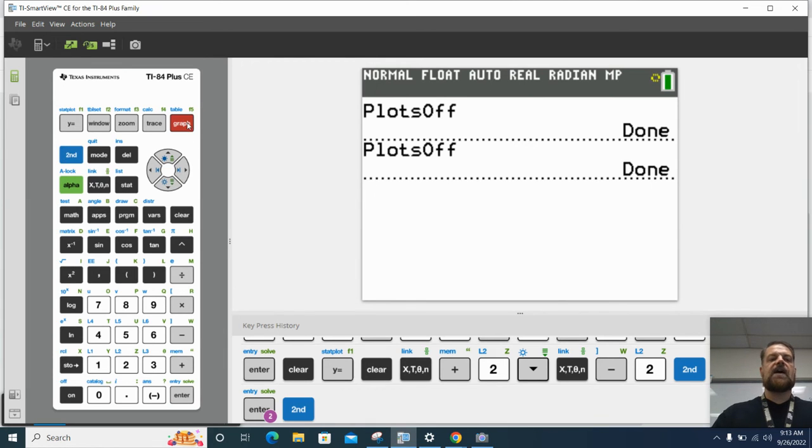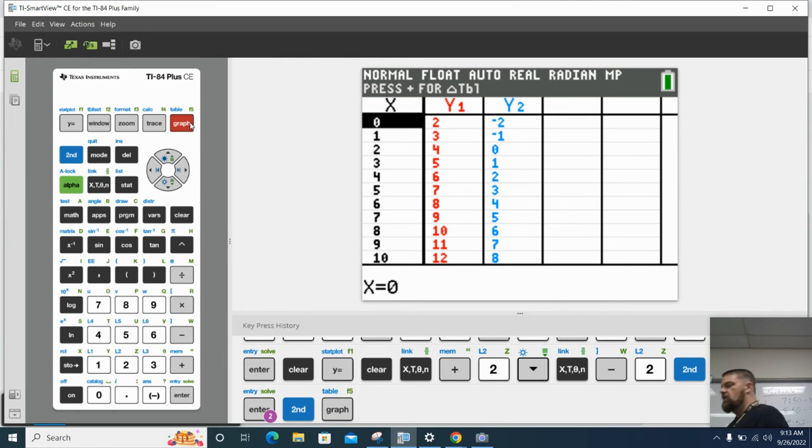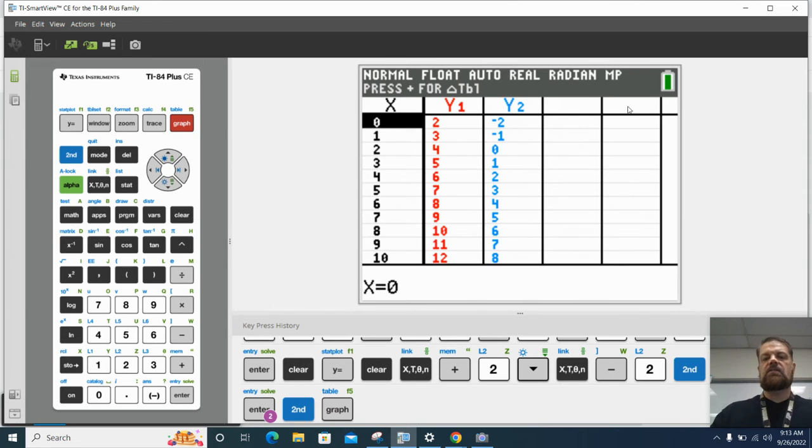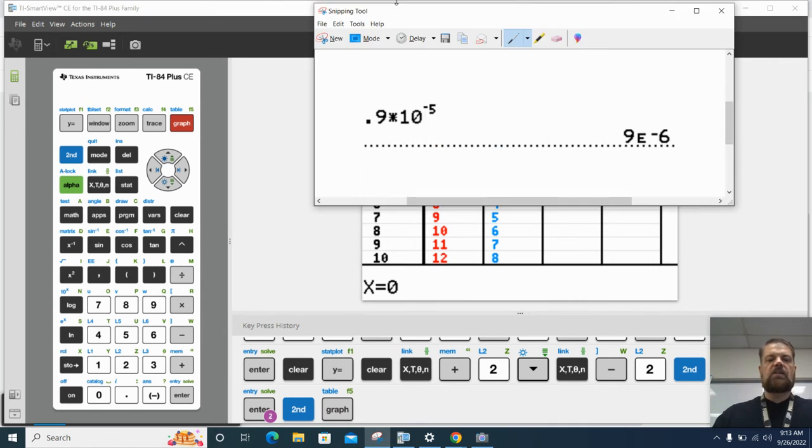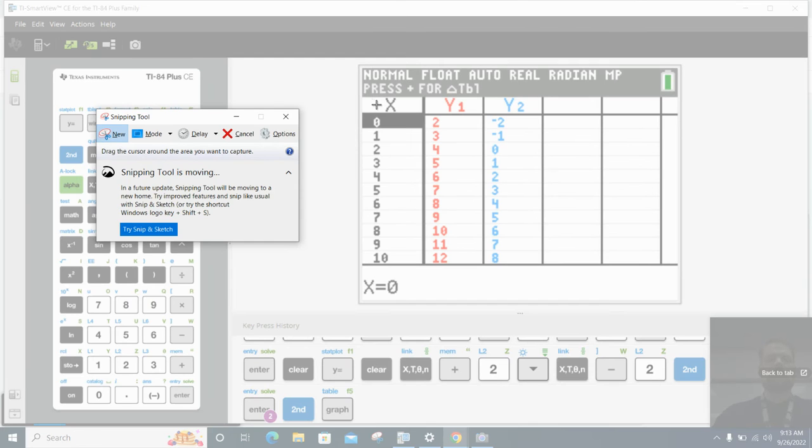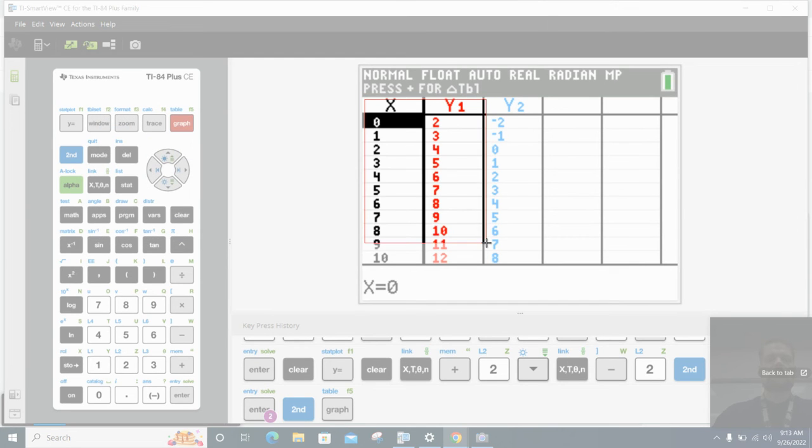So hit second graph. That brings us to the table. So if I were to evaluate all these input-output values, there's an interesting thing that takes place. But let's write some of them down. I'm going to copy the first half, and then we'll verify on the calculator just for time's sake. So let's write this down.